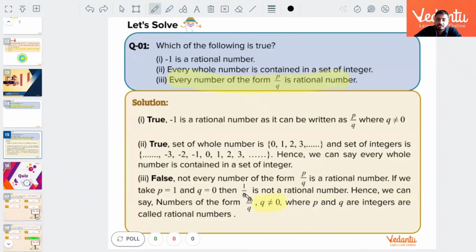When q is 0, then it will not be a rational number. So the answer of this question is false. If the question said q is not equal to 0, then it would become true. But it is not mentioned in the question whether q is 0 or not. Therefore, the answer is false. Clear to each and everyone? Okay, very good.